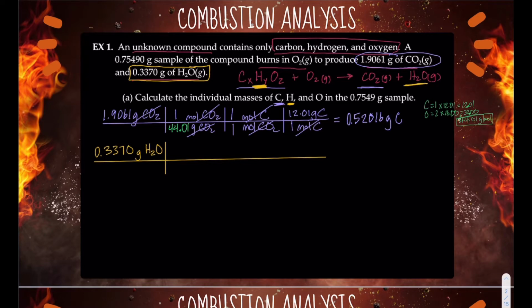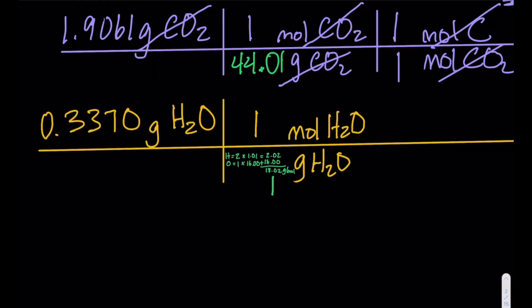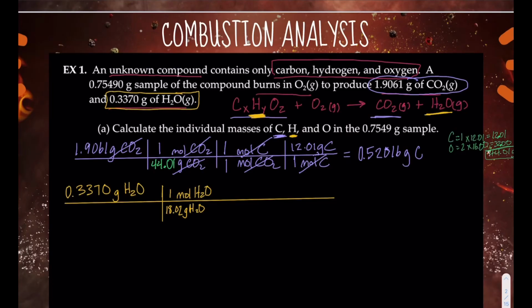Our first step is to convert from grams of water to moles of water. Remember, the molar mass of water is 18.02 grams per mole, and this is how you calculate it. Grams of water cancel.